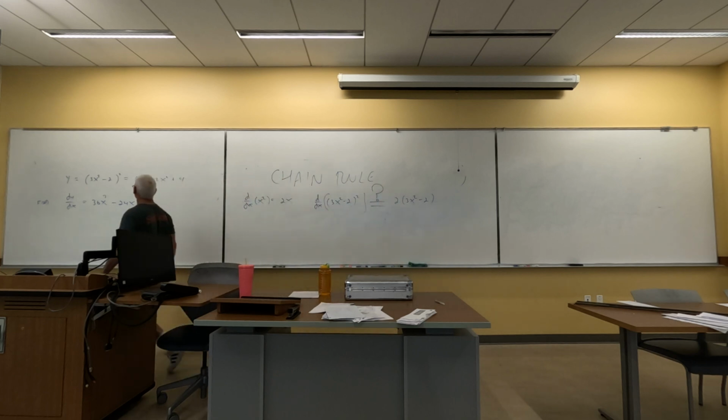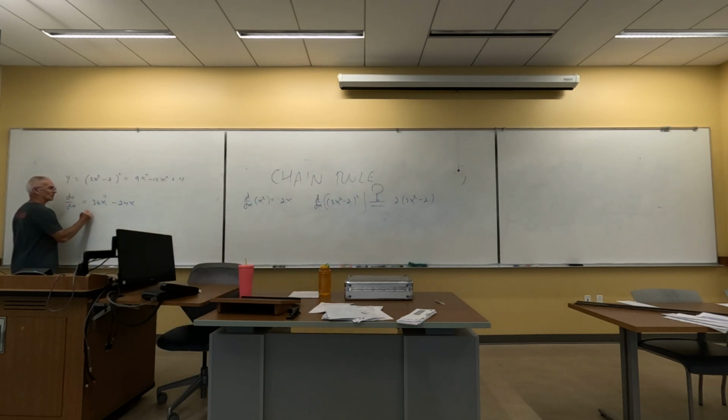What if I factor this? What's common? 12. Yeah, so if I factor out a 12x, what does that leave me with? 3x squared minus 2. That's a good thing in that I see a 3x minus 2 in that answer, don't I?